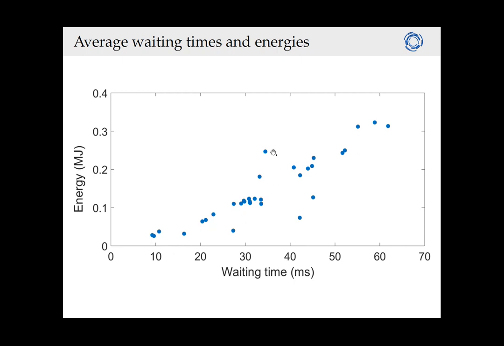So once again, each point here represents the average over all the ELMs in the corresponding discharge, the average of the waiting time between ELMs, and the average energy of the ELMs. And you see that indeed on average there is a clear, perhaps linear relation between energy and waiting time, at least in this range of measurements.